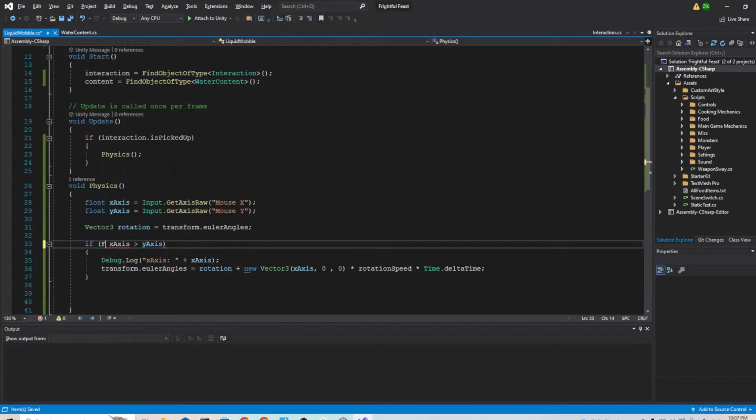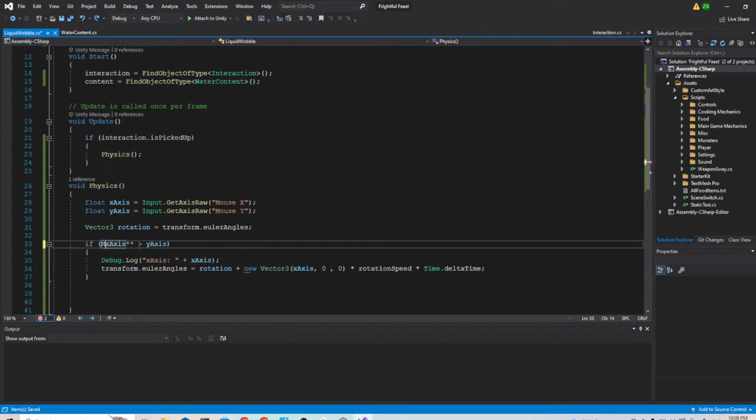Okay, times. Okay, no, it's just... How to make floats positive Unity. Ah, absolute, that's right.